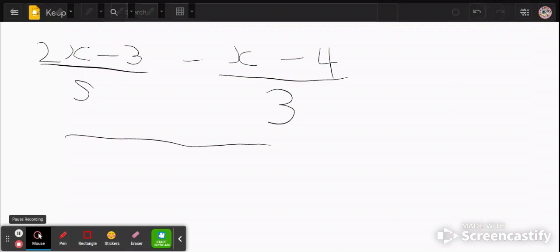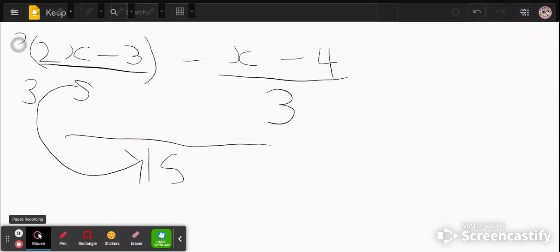So, we simply multiply the denominators together, which is 5 times 3, and that is 15, because 15 can go into both 5 and 3 without leaving a remainder, right? Yes. So now we'll see how many times this 5 can go into 15. And that's 3 times. The 3 which we get, we're going to multiply by the numerator of 2x minus 3.